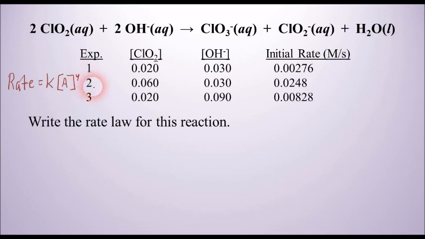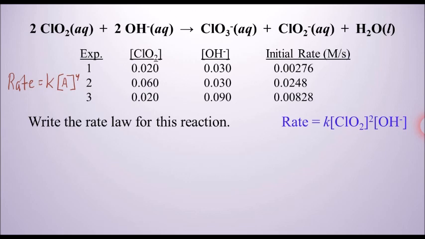If there's a reactant B, reactant C, we raise those. So it's the same idea here. The rate law is just going to be rate equals K times ClO2 to the second power times the hydroxide concentration to the first power. Hopefully, you can see that those powers correspond to the orders that we calculated on the last slide. So 2 is the second order, 1 is the first order for hydroxide.